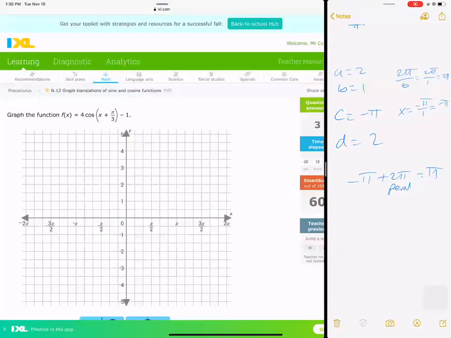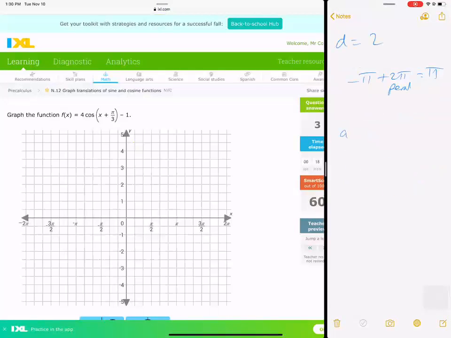Okay, this problem looks a little terrible. I think we just did this wrong. Our values were A is 4, B is 1, C is -pi over 3, I'm sorry about that, and D is -1. So start graphing the graph as a cosine. Move the center dot to -1 because I'm moving it down by 1. Our C value helps me find my start.